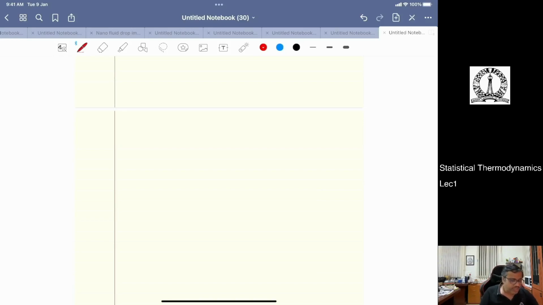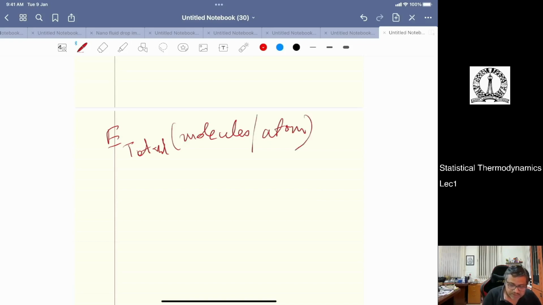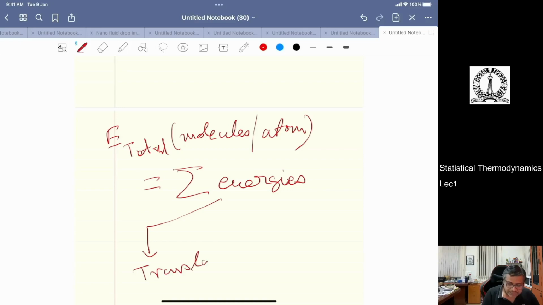Now, the total energy of, if I write, this is the total energy of a single, say, molecule or atom, whatever, can be taken as the sum total of the energies caused by what we call translational mode.